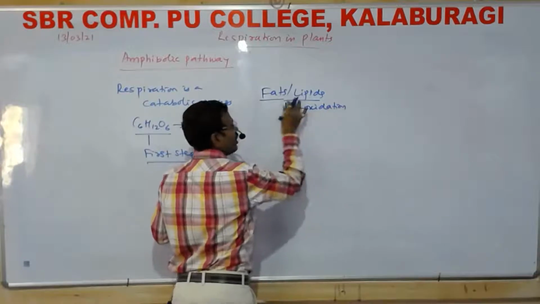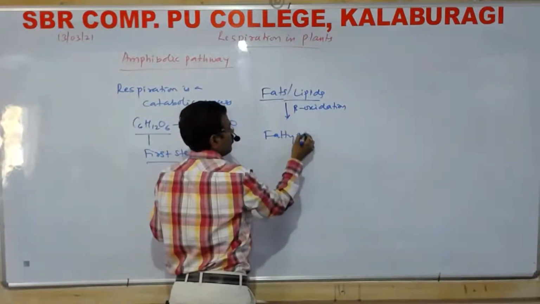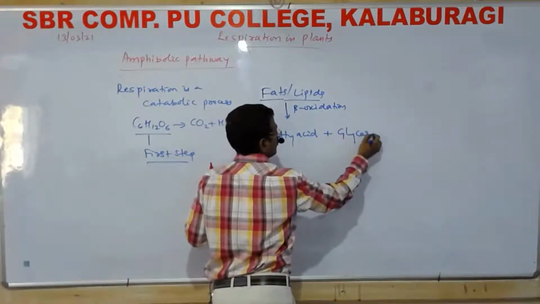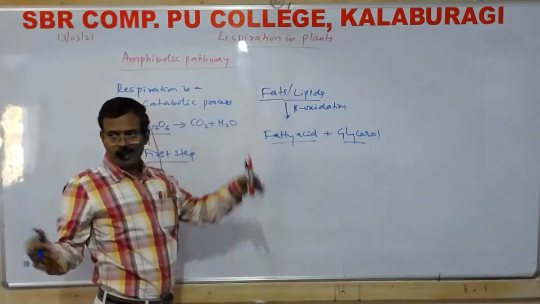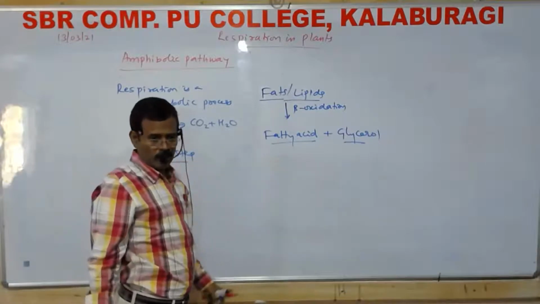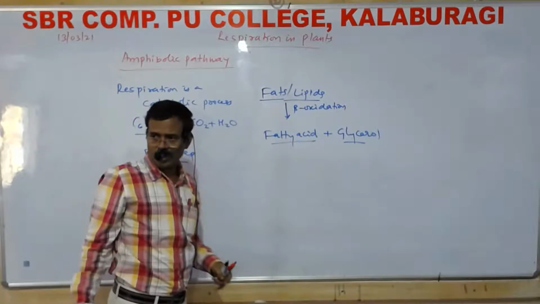They will be converted into simple molecules such as fatty acids and glycerol. Directly, fats cannot enter the respiratory pathway. First, they should be broken down into simple molecules, that is fatty acid and glycerol.